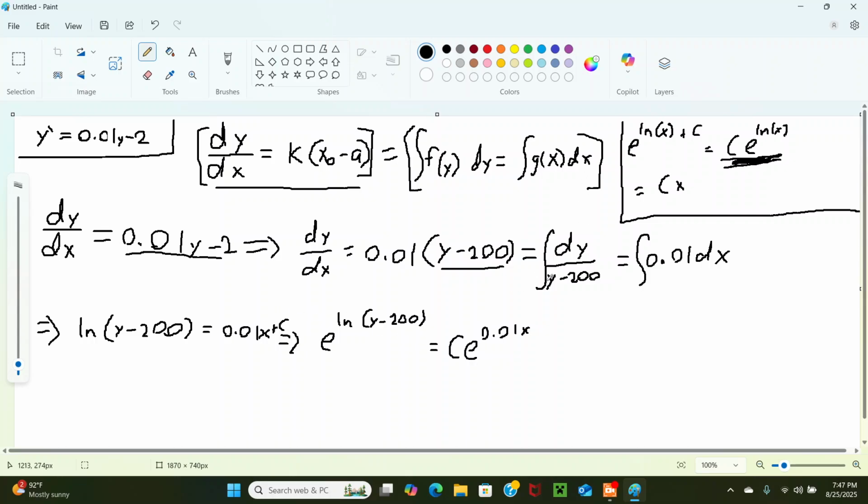But back to this problem. Okay, so the ln and the e cancel.